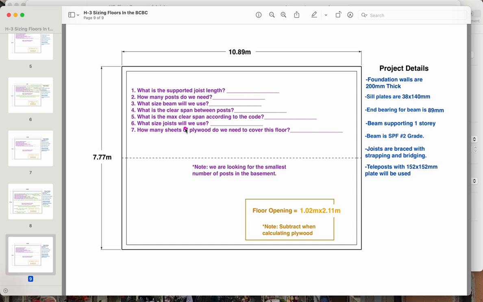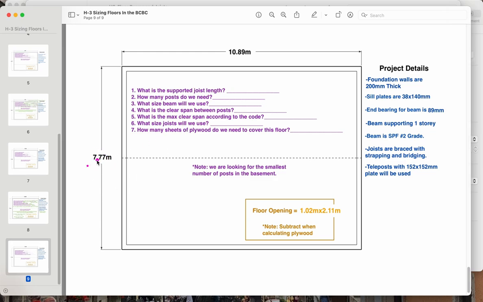The width of our building is 7.77 meters. If we take that divided by 2, we get 3.89 meters as our supported joist length, and we'll see why that's important in a second. So 3.89 meters.